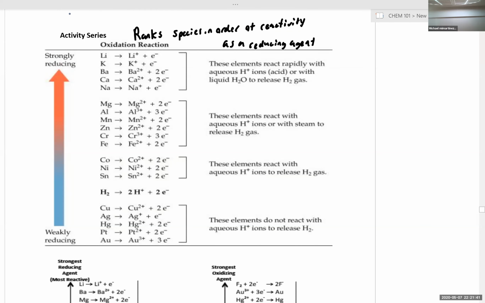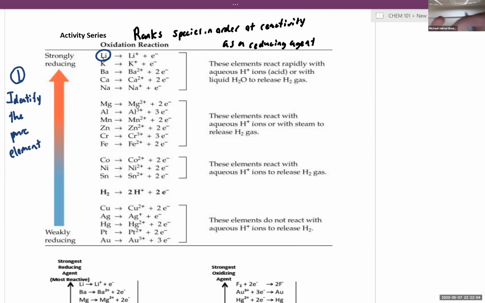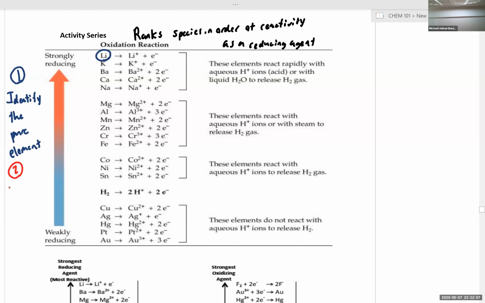So the trick for the activity series is, first and foremost, step one of this process is to identify the pure element. So step one, you identify the pure element and you circle it. So let's suppose we have lithium. Step two, identify the ion or oxidized species.